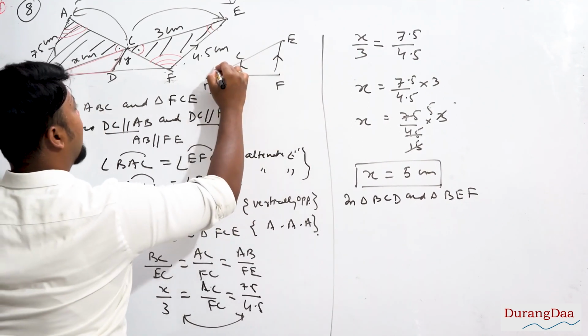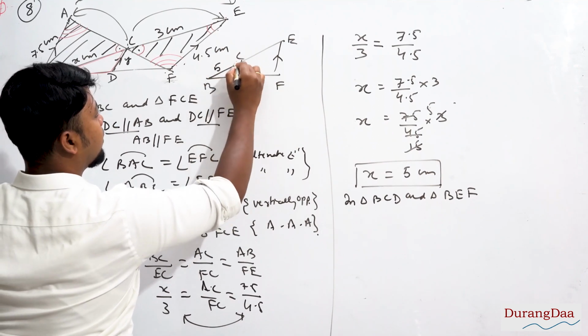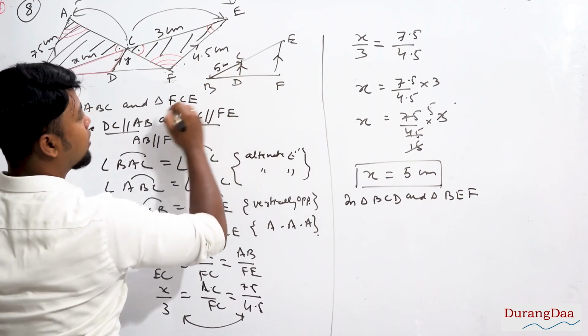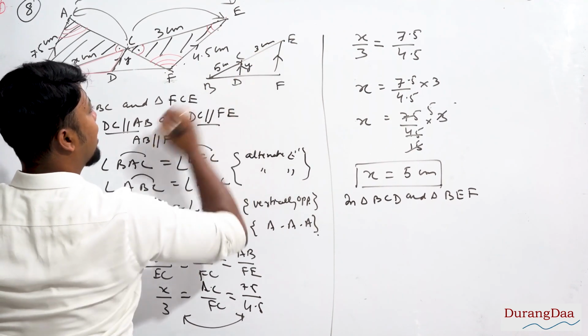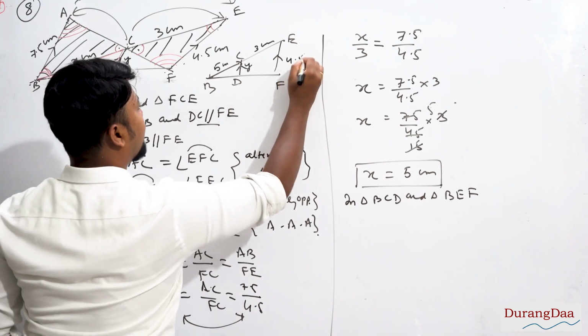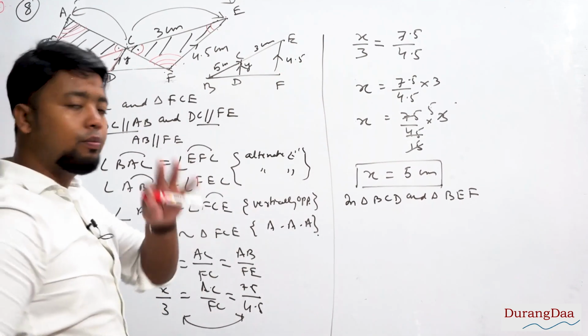Value of X we have calculated, that is BC is 5 centimeters and value of CE is already given 3 centimeters. This value we have to calculate, Y, and this is 4.5. Easily both the triangles can be proved similar.